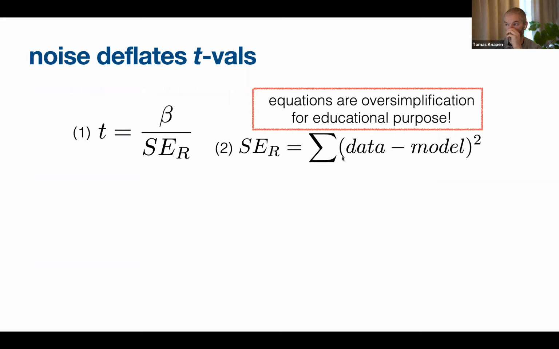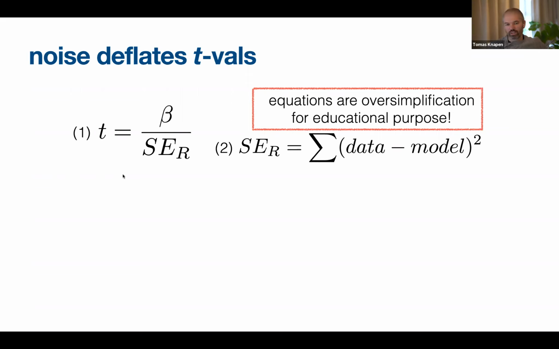So a perfect model gives you a standard error of 0, and then your t-statistic goes to infinity. So what you want is a model that explains your data really well, so that the squared sum goes to 0 and your t-stats go up, because then your p-value goes down. That's the essence of the final parts of the practical last week.